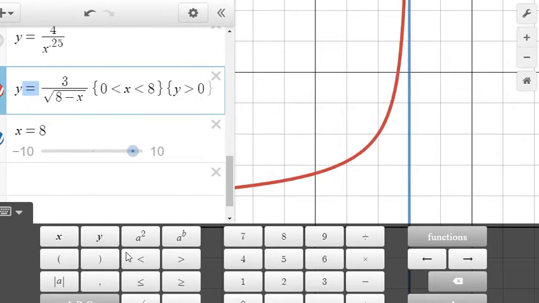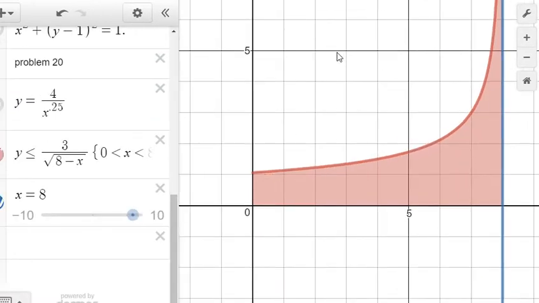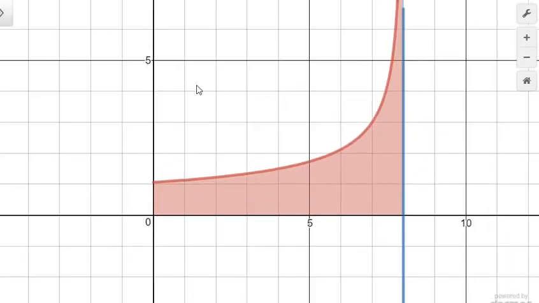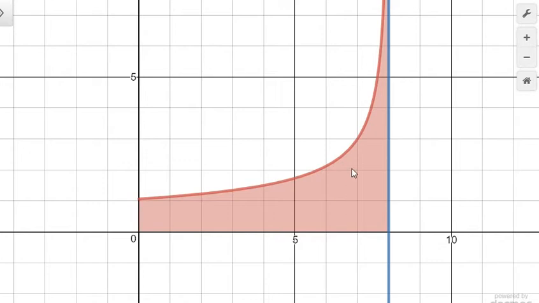So here's the area that we're looking at. Is that finite? Tough to tell. It depends on how fast this is getting really close to its asymptote. So let's play around with it.